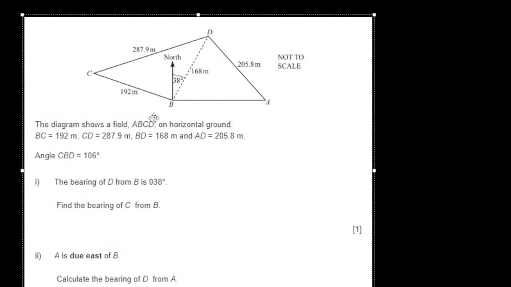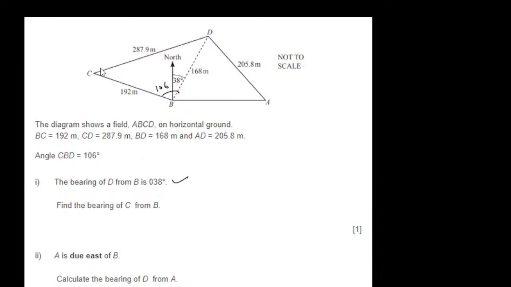The angle CBD is given as 106, so here I will mention it is 106. The bearing of D from B is given as 38, so here it is marked. Find the bearing of C from B.